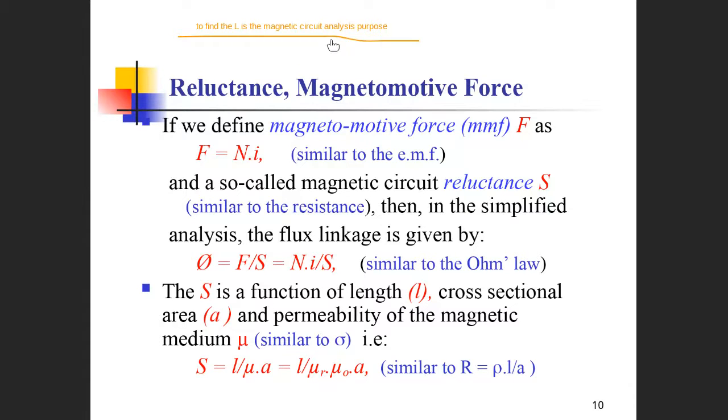Then how do we find the inductance? Here I wrote that finding the inductance L is the purpose of magnetic circuit analysis. By analyzing the circuit, we get the equivalent inductance of a given coil with current.